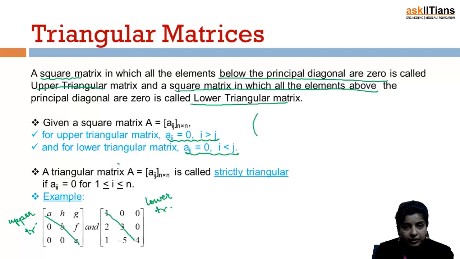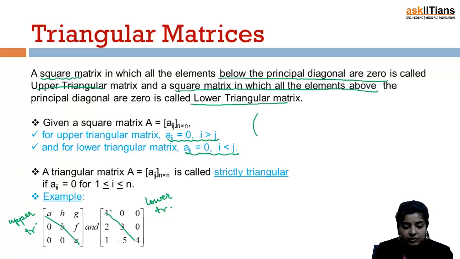Another important concept that we have here is a strictly triangular matrix. So a triangular matrix is said to be strictly triangular if Aii is equal to 0 for every i, which means that all the diagonal entries are also zeros.